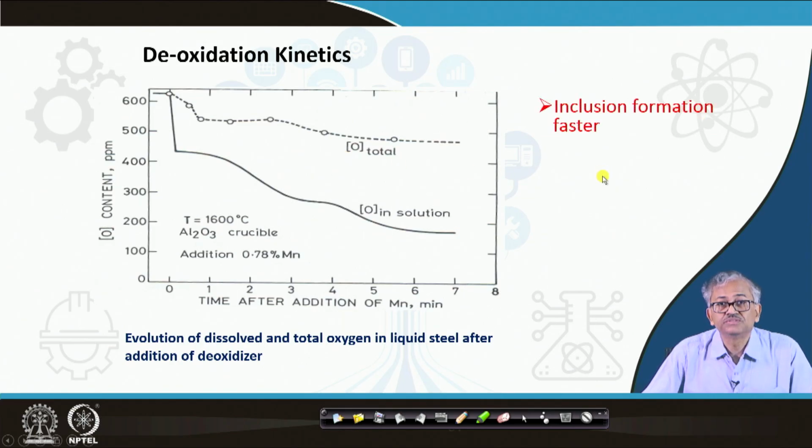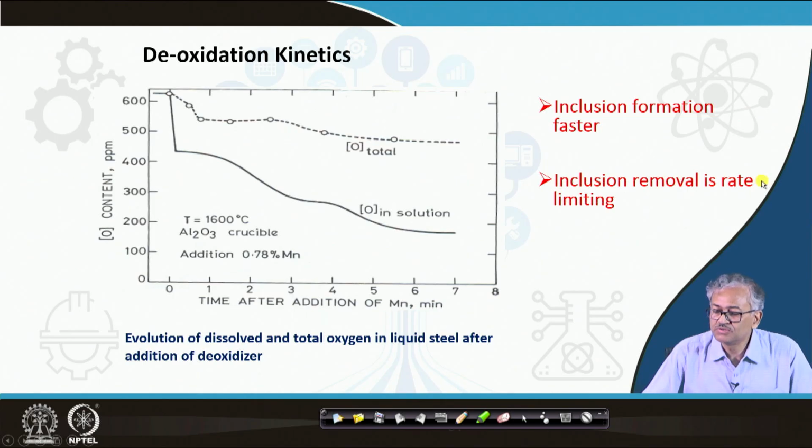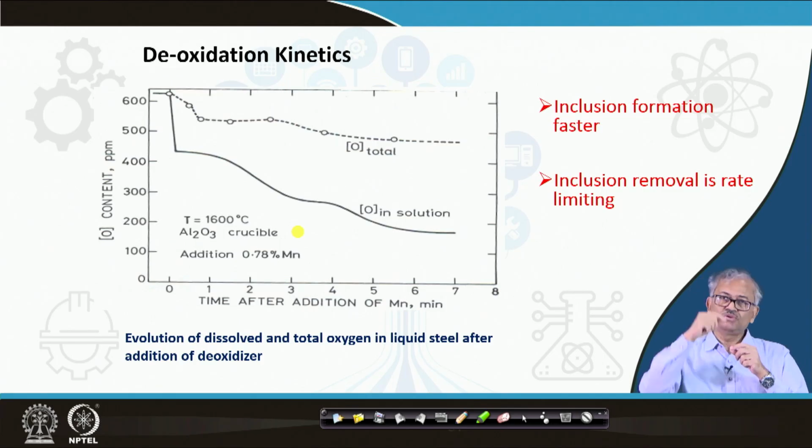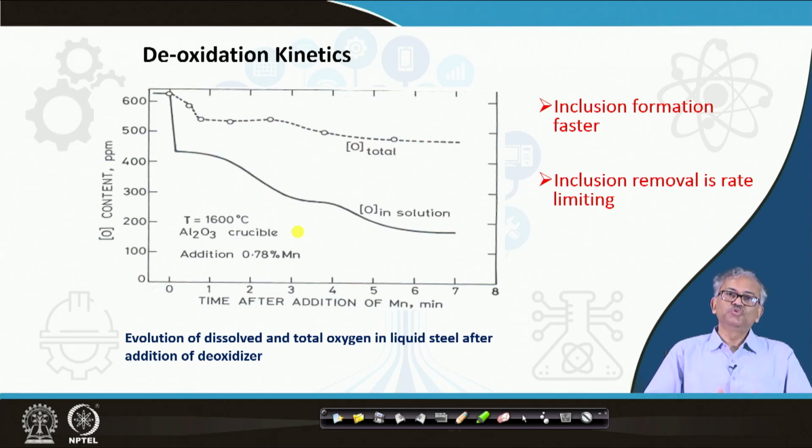The inclusion formation is very fast, but inclusion removal is rate limiting. When the MnO reaches the slag, only then can it join the slag and get removed from the liquid metal. So in deoxidation kinetics, the removal of the inclusion is rate limiting. Formation is very fast, but removal is the problem.